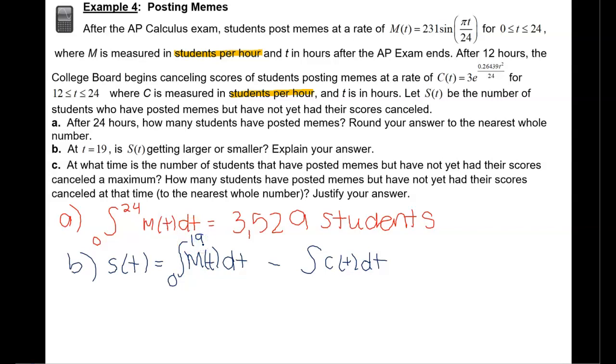C didn't start until what time? The mistake that everybody tends to make is they do C of t from 0. But it says at t equals 19, is S of t getting larger or smaller?